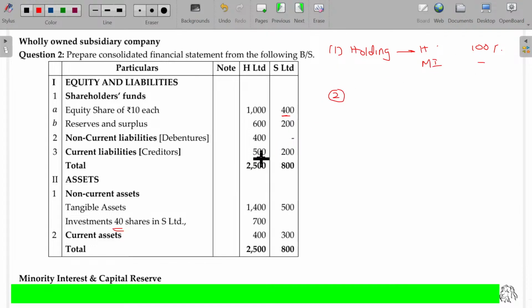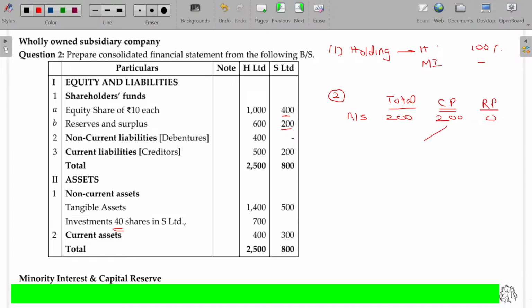Second step, reserves and surplus. 200 rupees in total. This total is segregated into capital profit as well as revenue profit. As nothing is stated, we assume that the entire 200 existed at the time of acquisition itself, and no balance is there for the revenue profit.